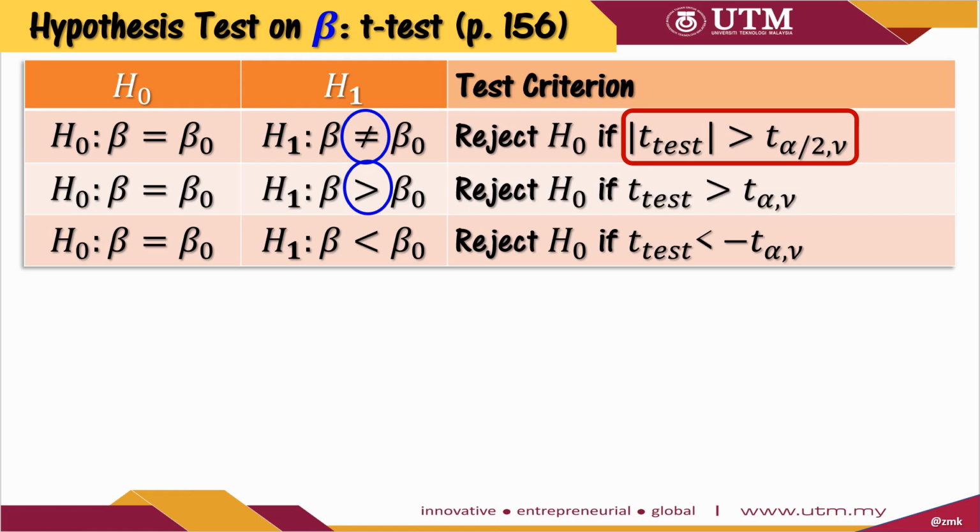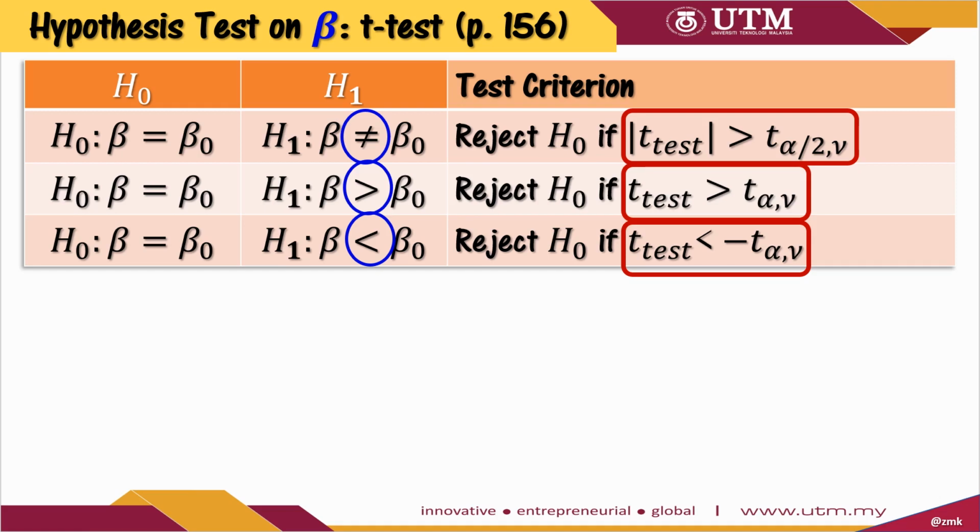Therefore, the decision rule is to reject H naught if the test statistic is greater than the right-sided critical value t at the whole alpha and degrees of freedom nu. Finally, a left-sided alternative hypothesis where under H1, beta is less than beta naught. The decision rule is then to reject H naught if the test statistic is less than the left critical value, which is negative t alpha nu.